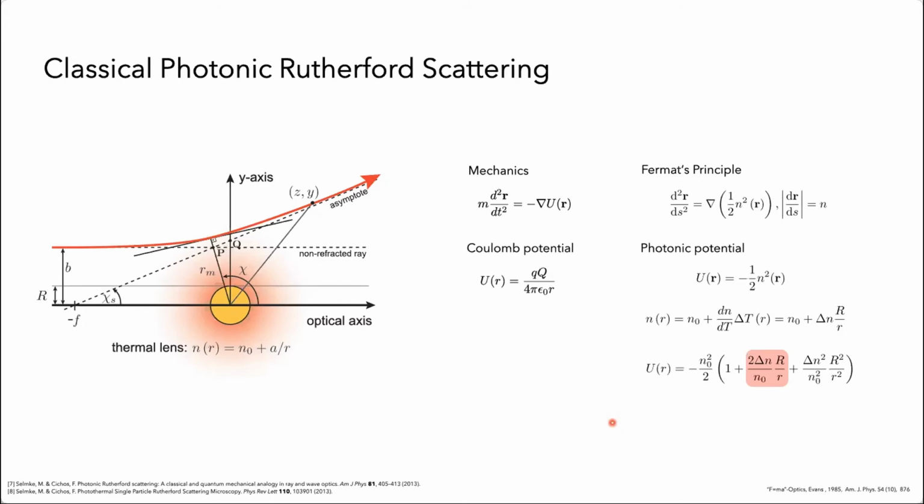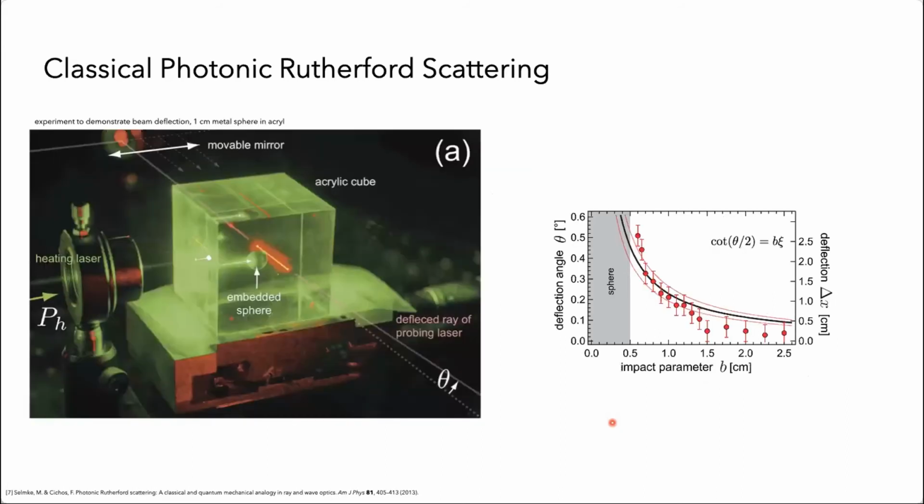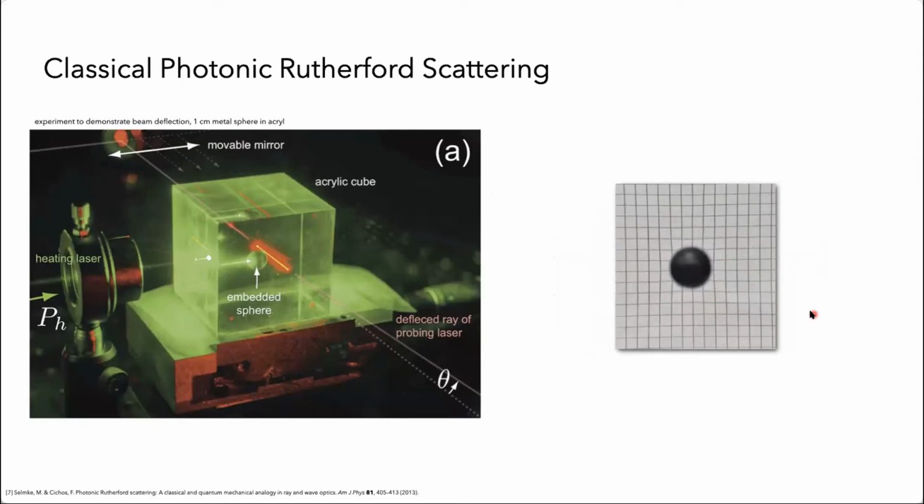That's the way we conducted this experiment, which is a nice demonstration experiment, at least for students, where you heat a macroscopic metal particle and scatter a second beam, which is the helium particle, so to speak, in our case. Then you measure the deflection angle, you nicely see the original result obtained by Rutherford long ago, and you can even see that by eye.